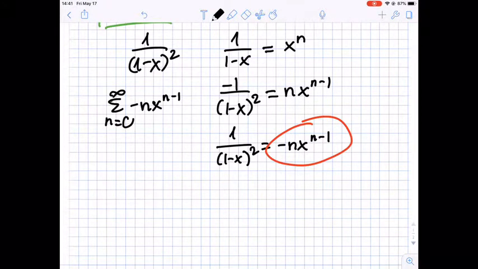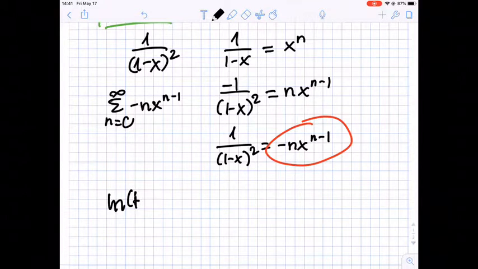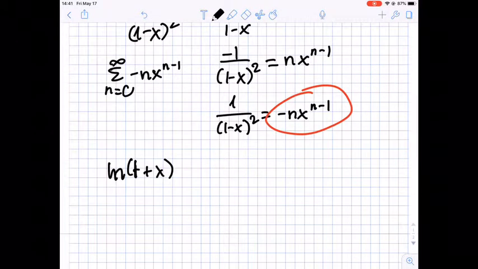Okay, so now we will look at finding a power series by integration. The previous problem, when I look at it again, is not sufficient. So now we'll try a different problem, which is to find a power series to represent ln of 1 plus x.